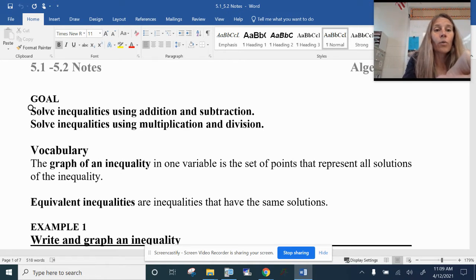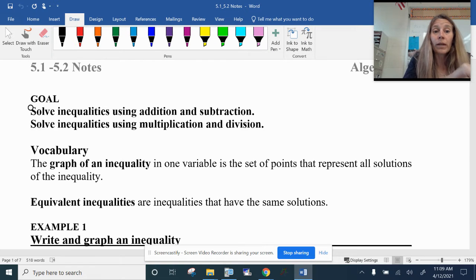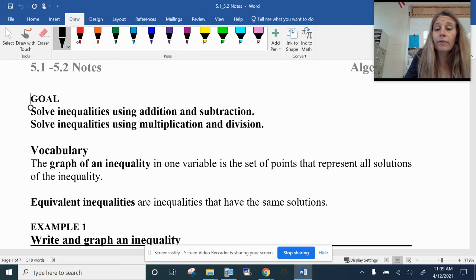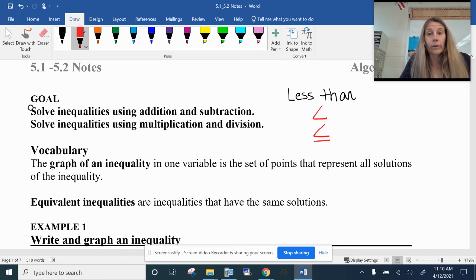Now let's talk about when we graph an inequality for a minute on a number line. So first of all, we do have the less than inequality sign, right, which is going to be written like this. We also have less than or equal to, which is the same thing but written with that little line underneath.